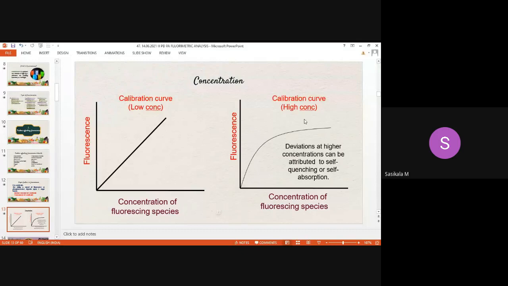Likewise, the emitted light will be circulated within the cuvette itself. So now you cannot analyze the complete emitted radiation from all the molecules. So the emission of light is lost by means of internal absorption itself in the cuvette.